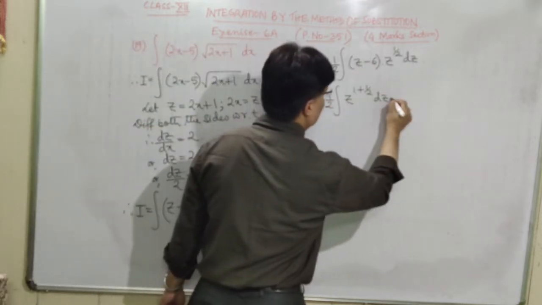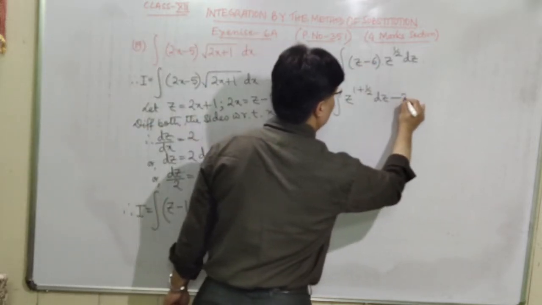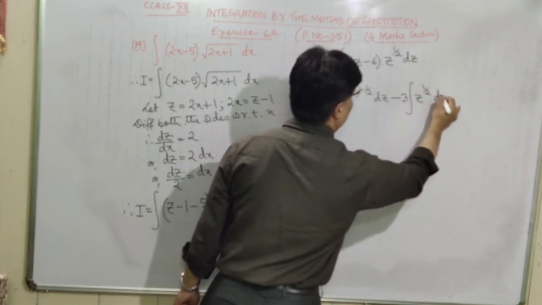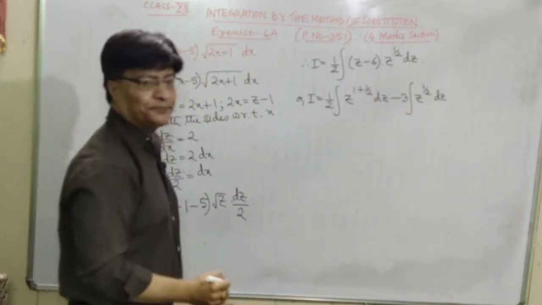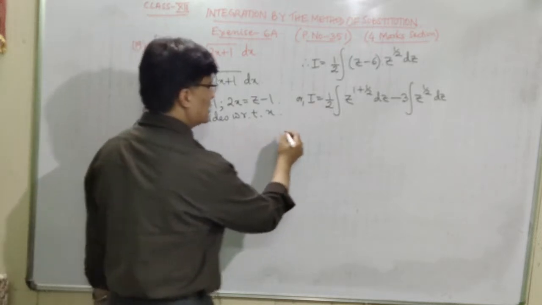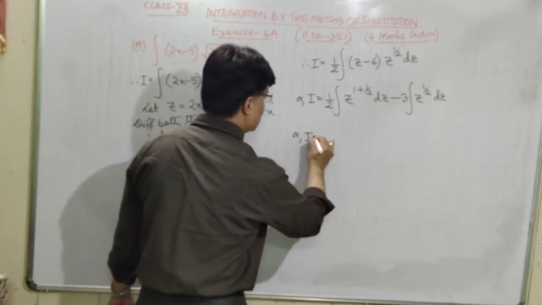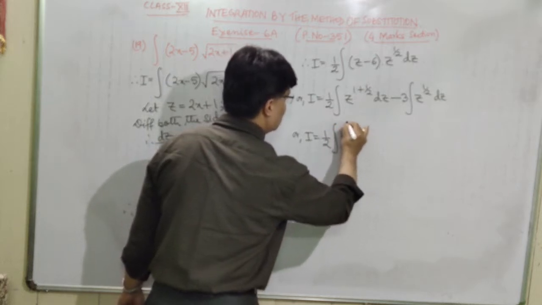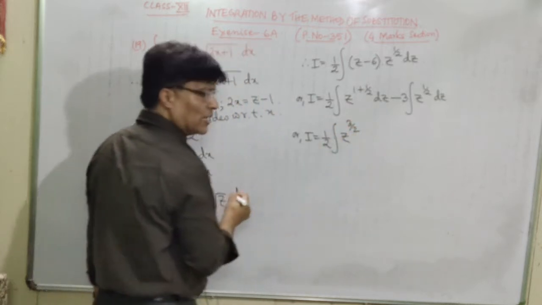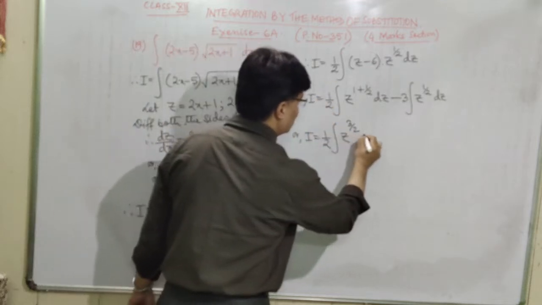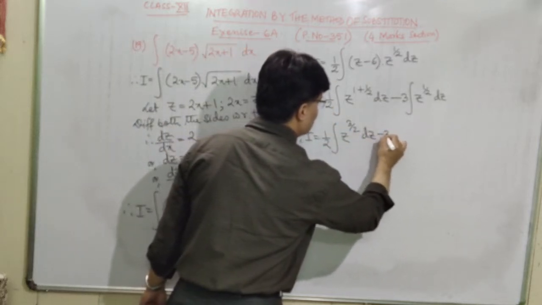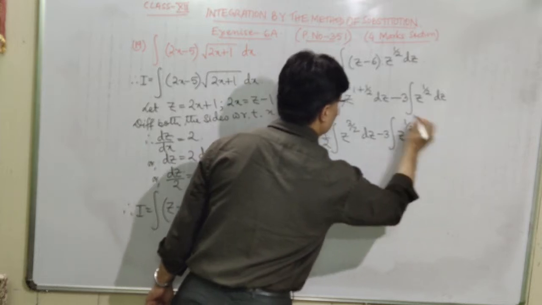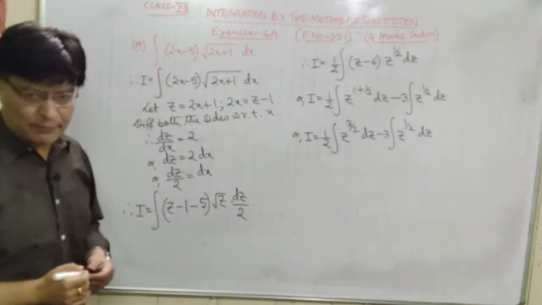There is a minus sign here: minus half into 6 is 3, 3 integral of z to the power half dz. So I is equal to half integral of z to the power 3 by 2 dz minus 3 integral of z to the power half dz. Now you can easily integrate them.